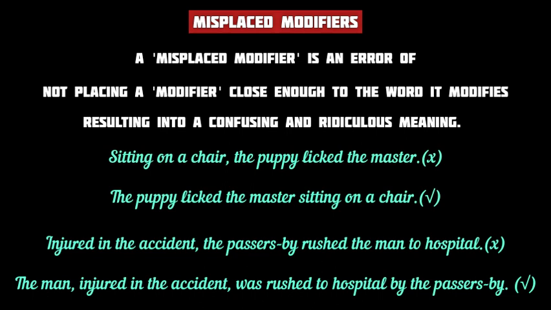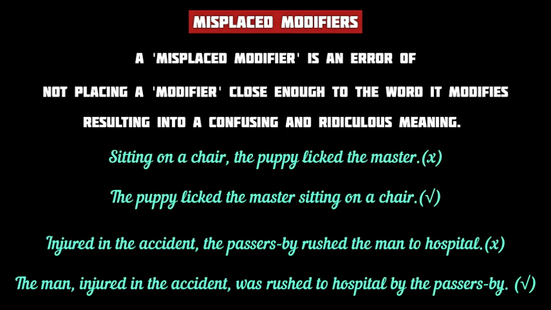Hence the confusion. We can correct this sentence by placing the modifier or the participle phrase sitting on a chair immediately after the subject of reference the master. Now it's absolutely clear that the master was sitting on a chair while the puppy was licking him.